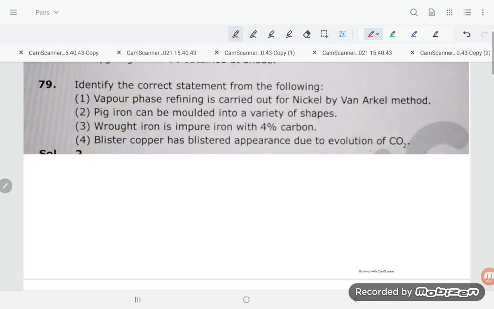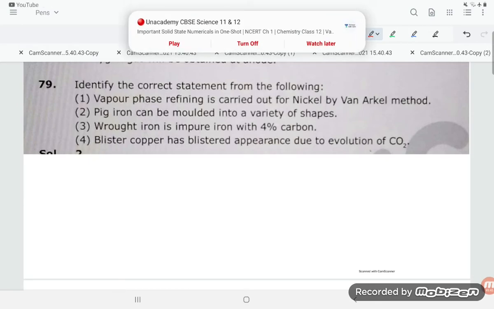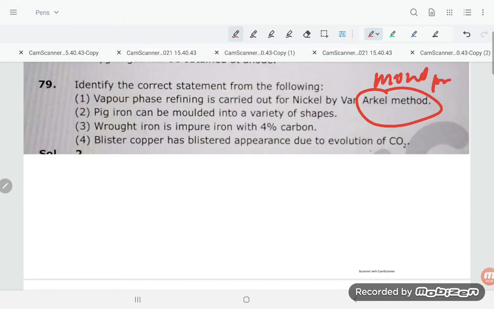They say vapor phase refining is carried out for nickel by the van Arkel process, that is not correct. It is the Mond process, student.